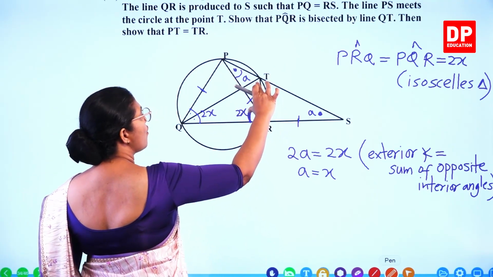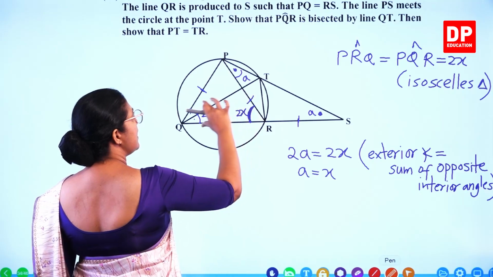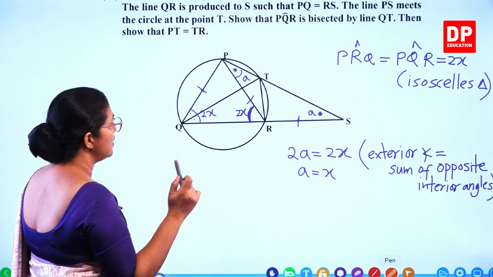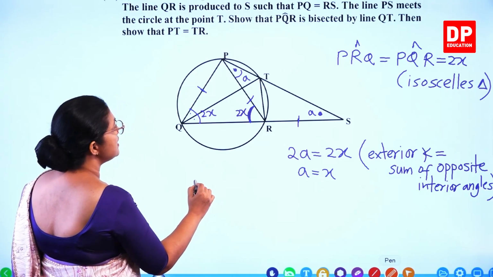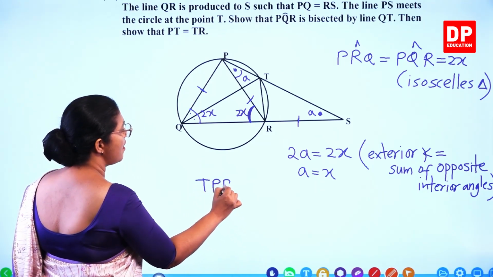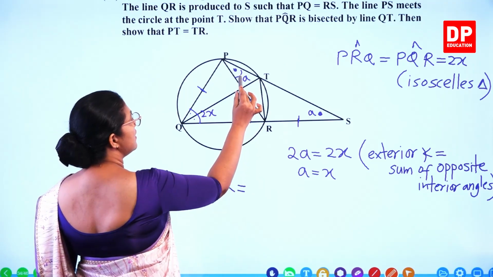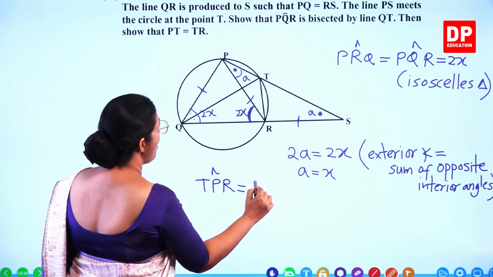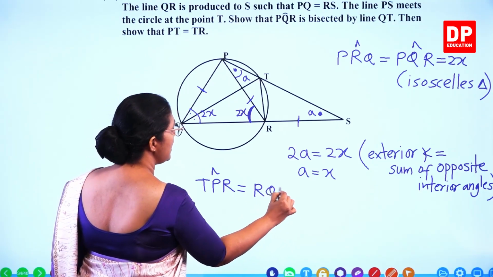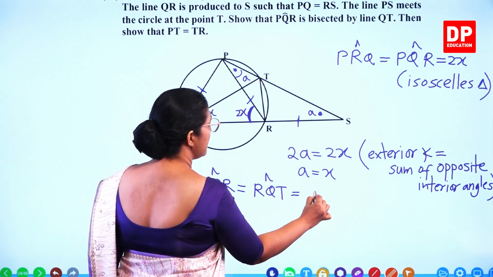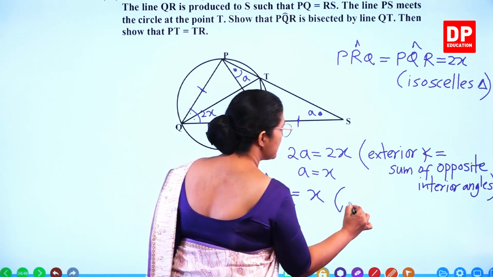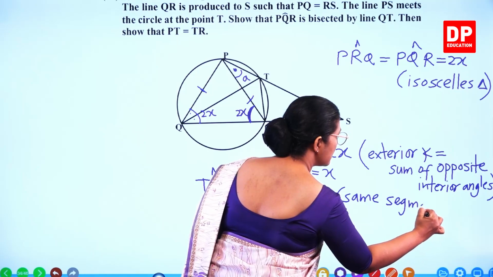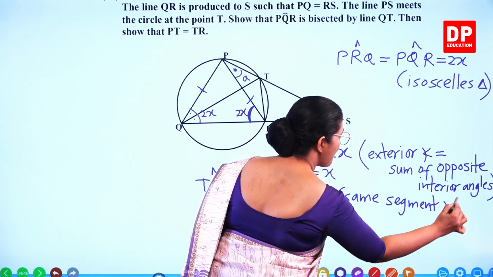Then what can you say? Look at chord TR. This angle and this angle, same segment angles are equal. So you can write angle TPR, that's x, is equal to angle RQT. That should be the same segment angles.